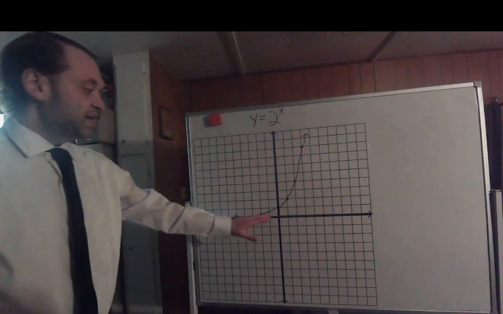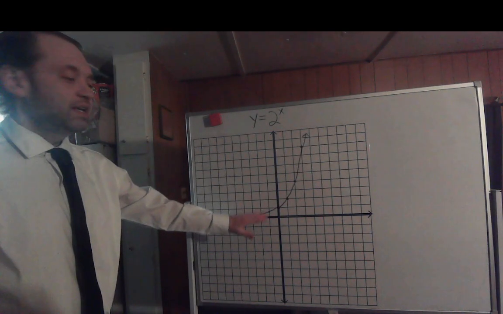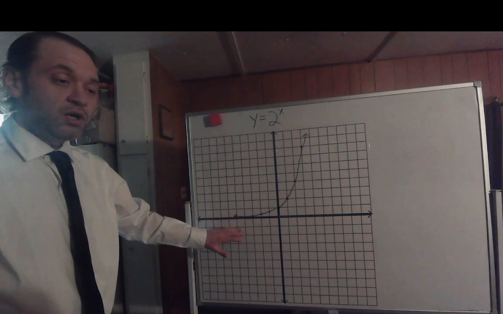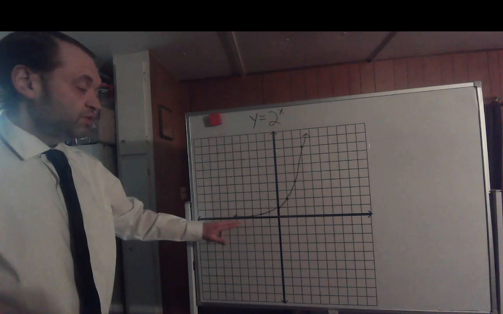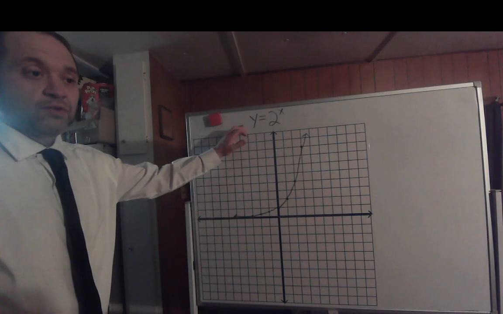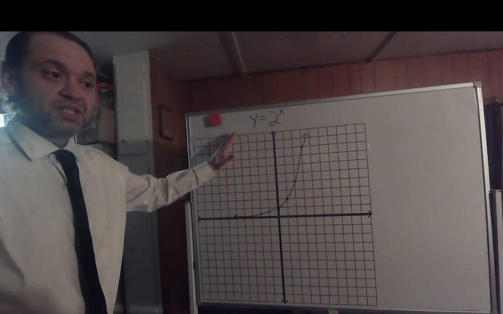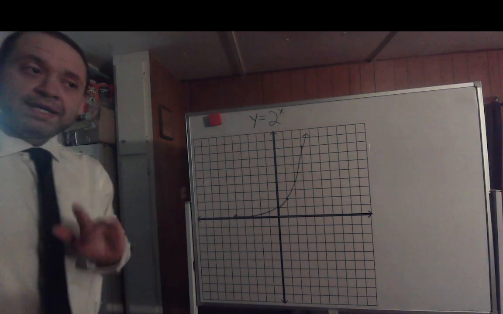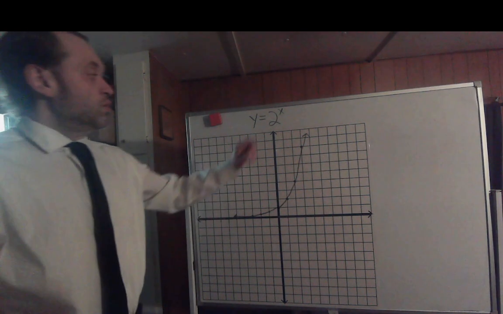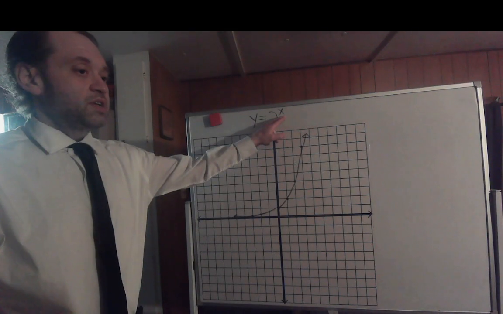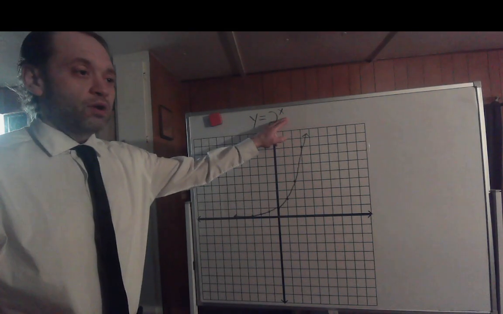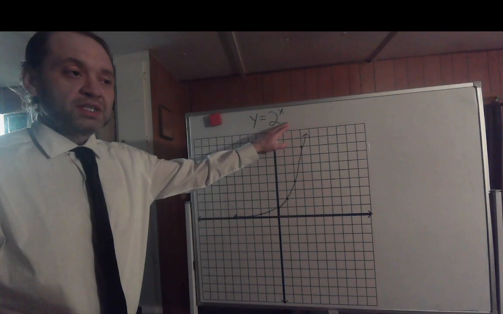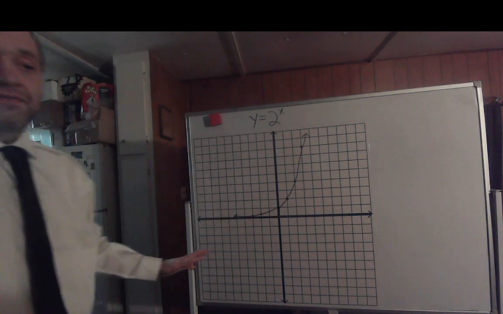If I made x negative 5, I would get 1 over 2 to the fifth, which would be 1/32. The numbers get exponentially smaller and smaller. They get really close to 0 for your y value, right? It gets extremely close to 0, but it never actually reaches 0. Why is that? Well, the idea is that 2 to any power whatsoever will never give you 0 itself, or anything negative for that matter.